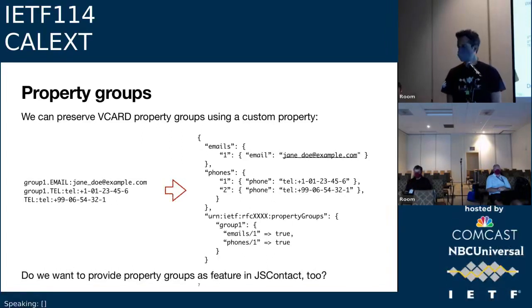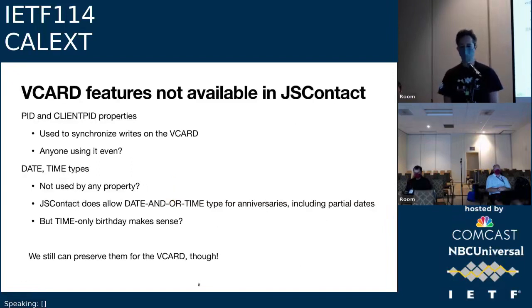All right, then the next, and if I remember correctly, the last slide for JS contact is stuff that we do not intend to cover in JS contact. We want this to be quite short, but it's never going to be completely empty. So what we will not map to standard properties in JS contact are the PID and client PID properties.